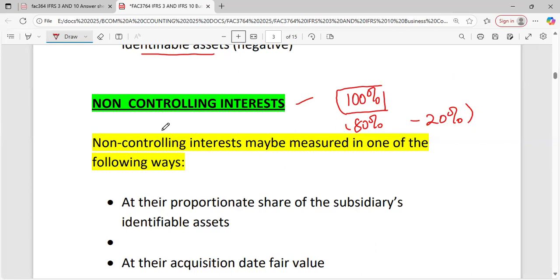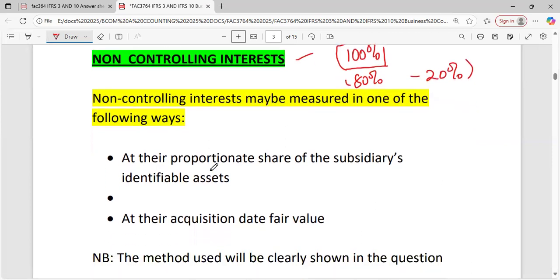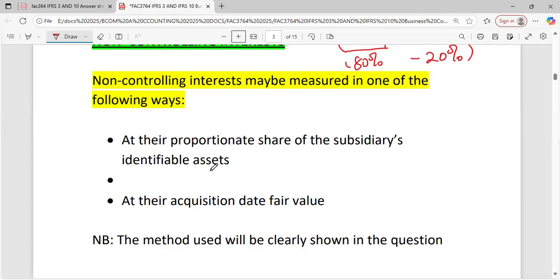But now, one thing at third level, remember International Financial Reporting Standard 3 and 10, these are the ones that we did at 2602. But you will see that there are certain changes that have been implemented into the third level syllabus.